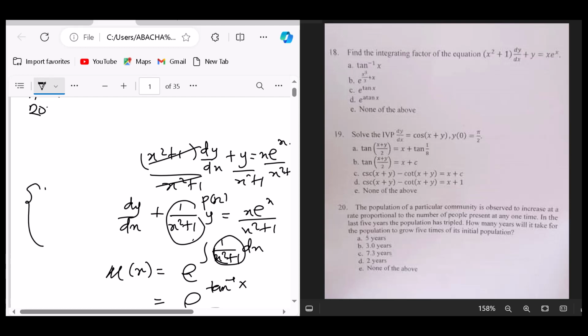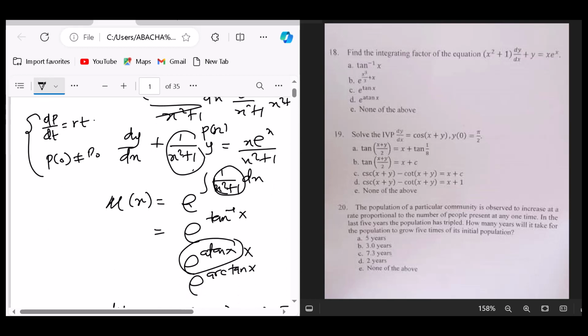We know that dP/dt is equal to rP, like this. And we always know that P of 0 is equal to P naught. And solving this, you have P of t equals P naught e power rt. You should know this by now. So here they are saying that in the last 5 years the population has tripled.